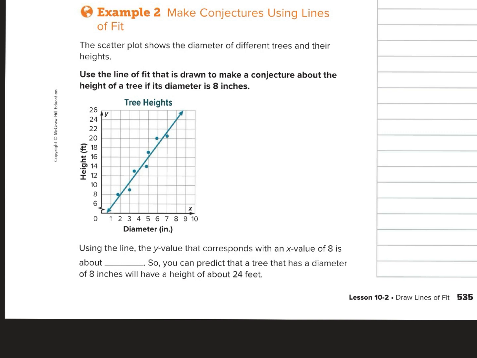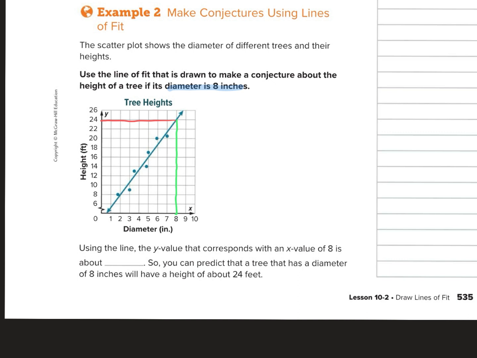The height of a tree, if the diameter is 8 inches. So I go to my x-axis where my diameter is 8. And I'm going to go up till I hit my line, not till I hit a data point, till I hit my line. Boom, right there. Okay, and then I'm going to see what is that y value. The y value is 24.